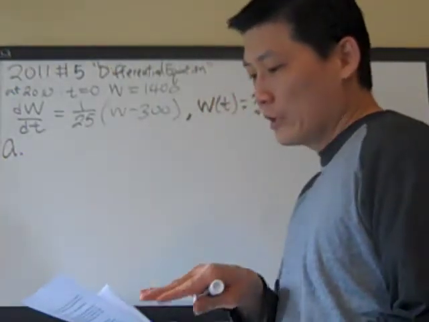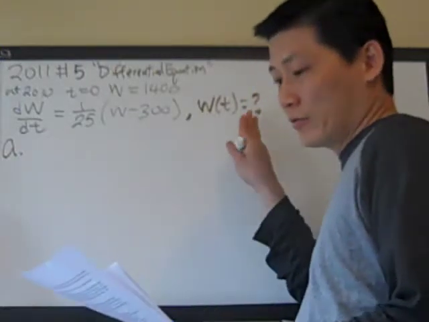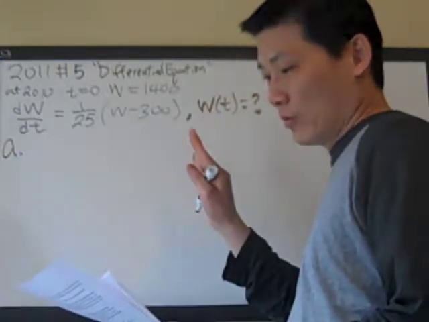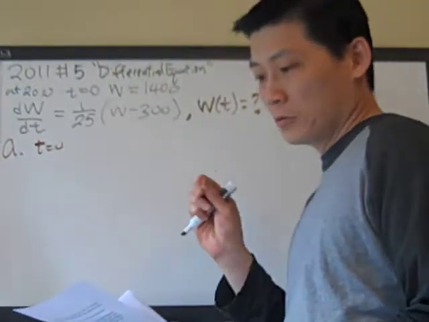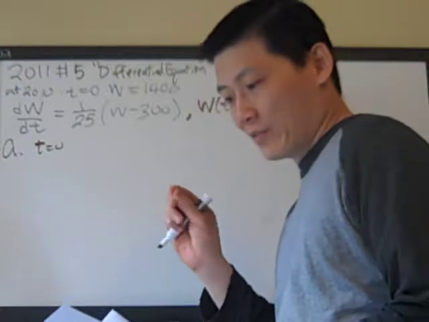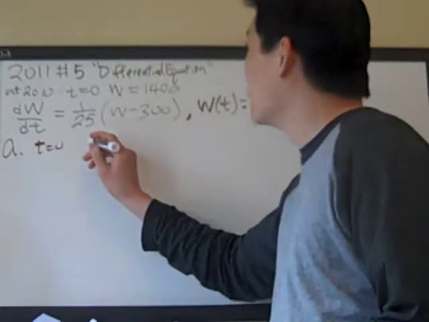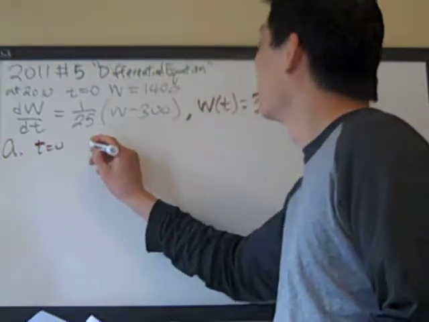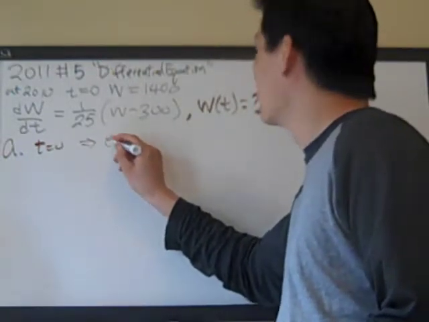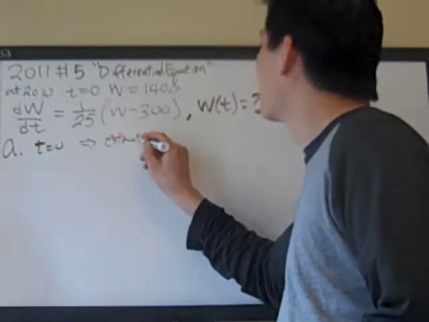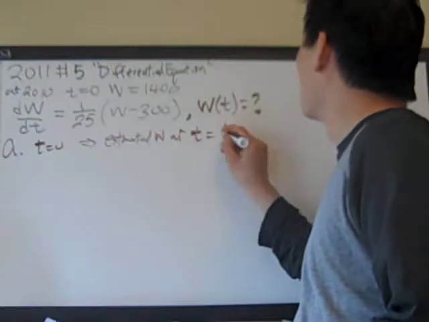Part A asked for, use the line tangent to the graph of W, this unknown graph, at t equal to 0, and we want to estimate what W would be at t equal to 1/4.